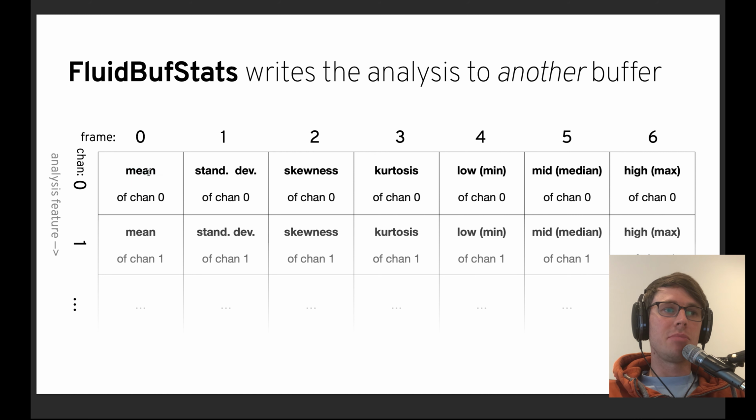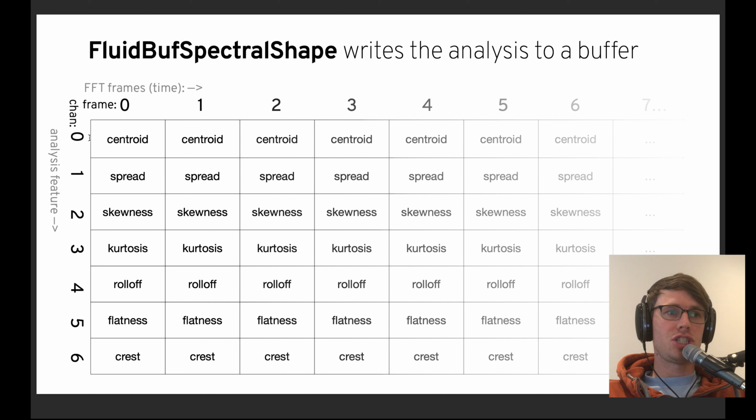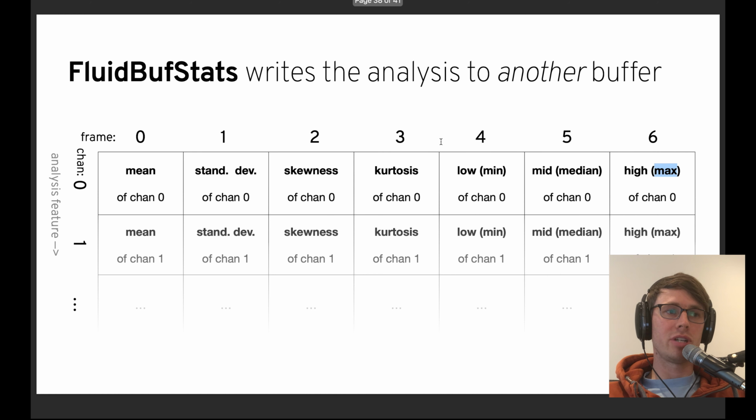So it's going to give us the mean value, the standard deviation, the skewness, kurtosis, the low percentile, the mid percentile, and the high percentile, which by default are going to be the minimum, median, and maximum values. So no longer is channel 0 a time series of spectral centroids. It is now a summary of that time series of spectral centroids using these statistical measures.